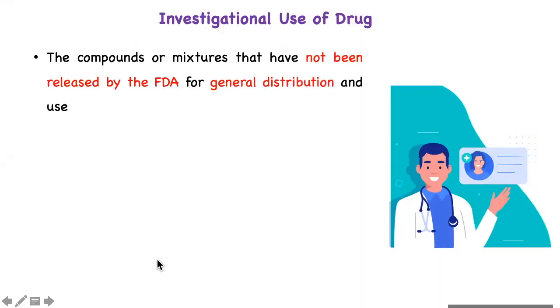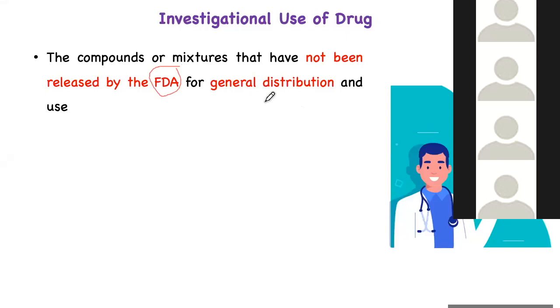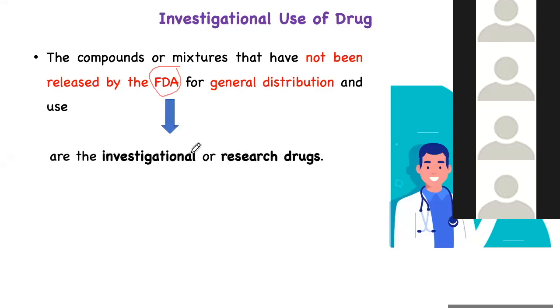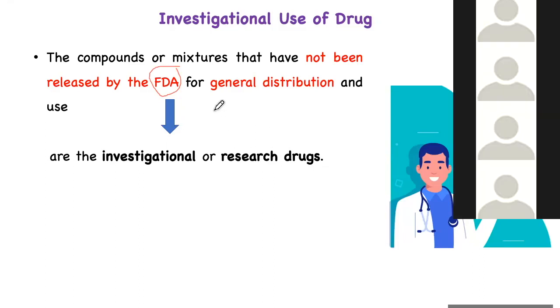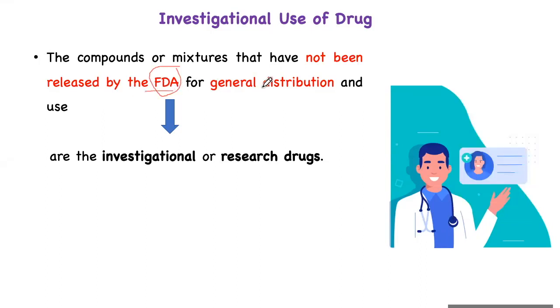First, remember that a compound or mixture that has not been released by the FDA for general distribution and use is called an investigational or research drug. What does it mean?